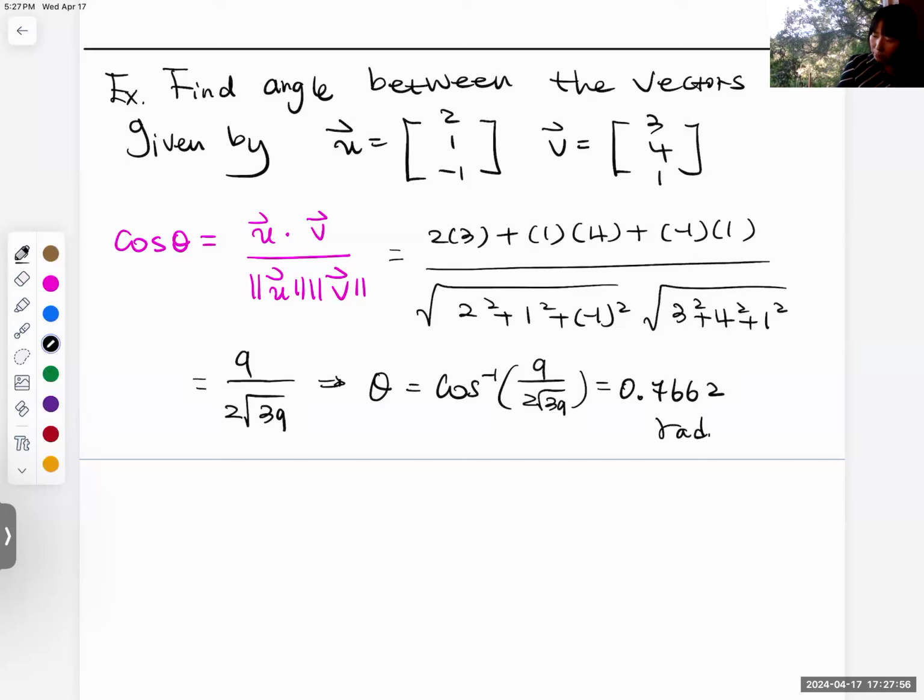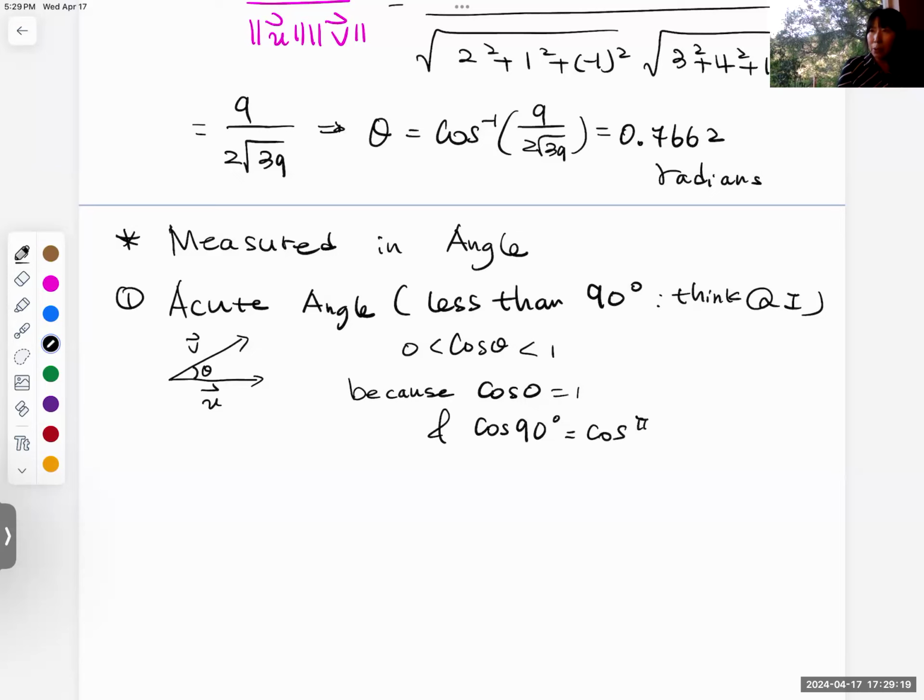So acute looks like that, vector V and vector U. So cosine theta is between 0 and 1 because cosine 0, what do you get? It's 1, right? Very good. And cosine 90 degrees, which is cosine pi over 2, which is 0. Excellent. Thank you so much.